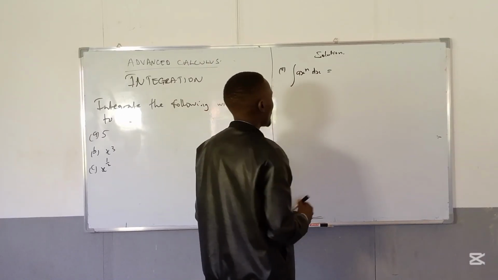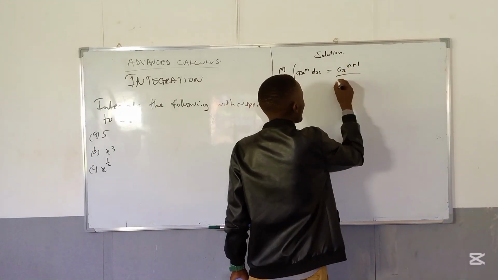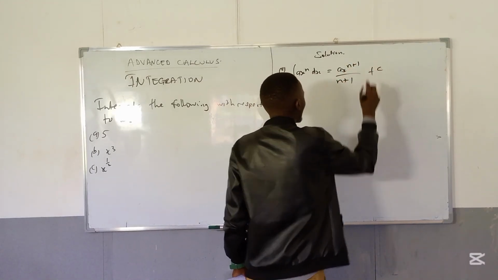Do not forget our general formula, which is ax power n plus 1 over n plus 1 plus an arbitrary constant.